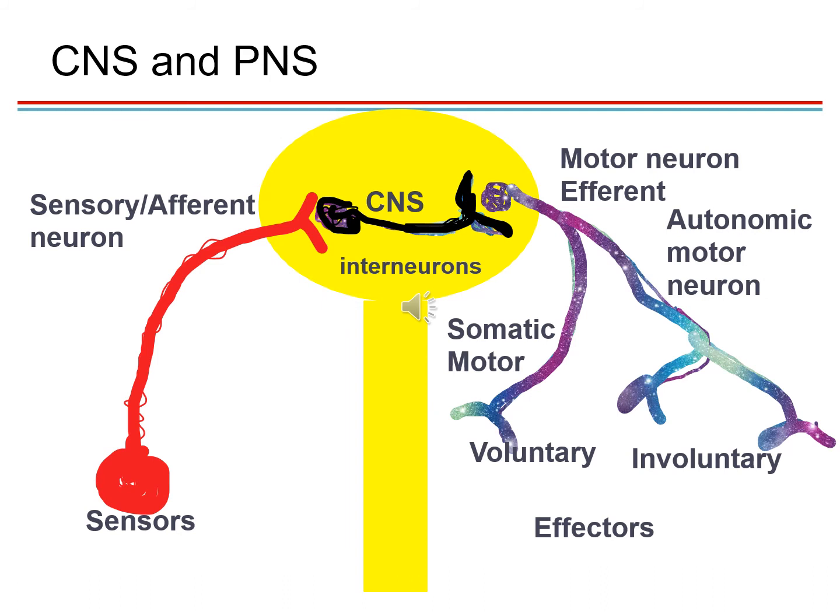Now, that motor neuron, or efferent neuron, has two branches. It could be an autonomic motor neuron or a somatic motor neuron. The somatic motor neuron is the one that reaches voluntary effectors, only voluntary effectors.